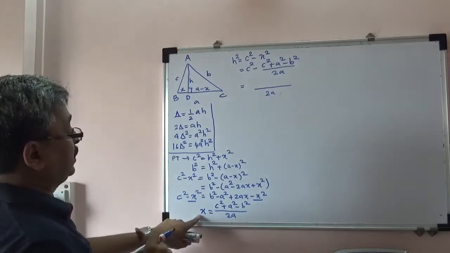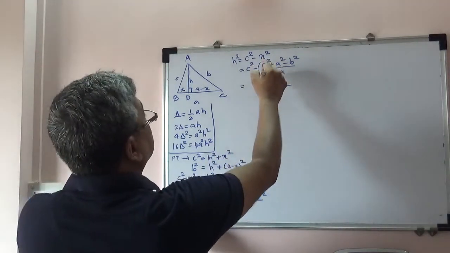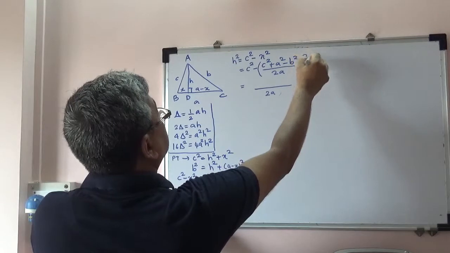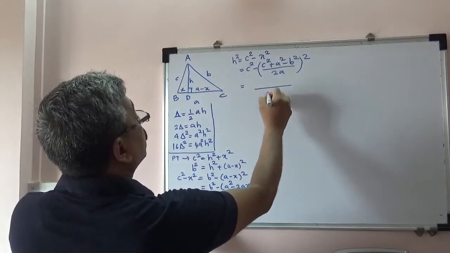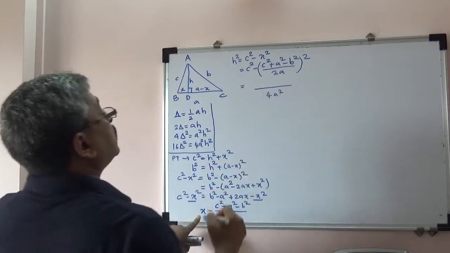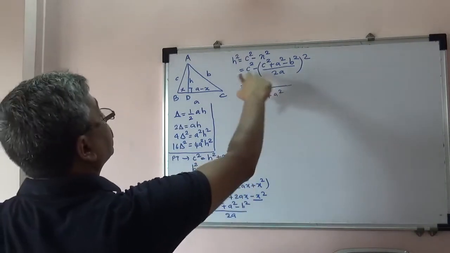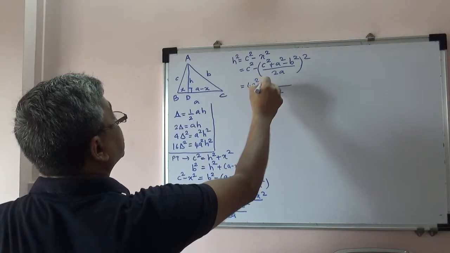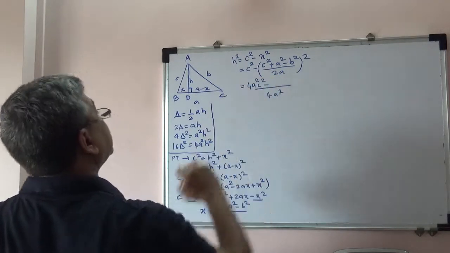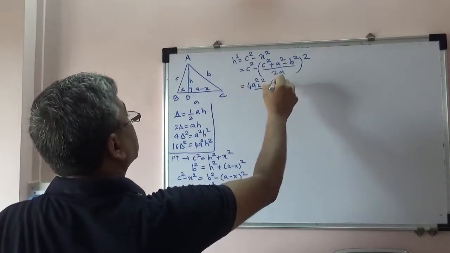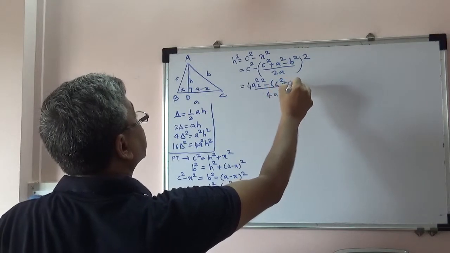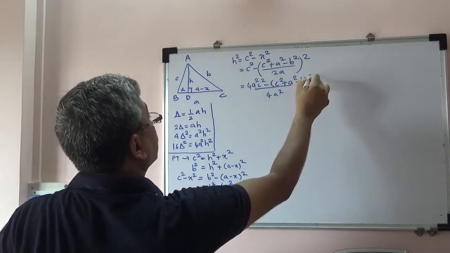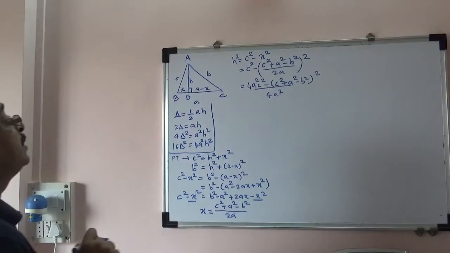So 2a goes to the square, this is x, and therefore this is x square. So this is 4a square. Okay. Now 4a square multiplied by c square is 4a square c square minus this whole (c square plus a square minus b square) whole square. Is that right?